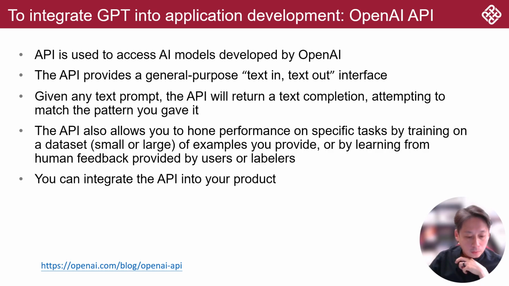OpenAI is also, I would say, a PaaS, platform as a service. This kind of PaaS allows you to have a text-in and text-out interface. They provide an API for you to use their service. So that's why they create a new term: you have the millions, the billions, the trillions, and now you have the quadrillions.